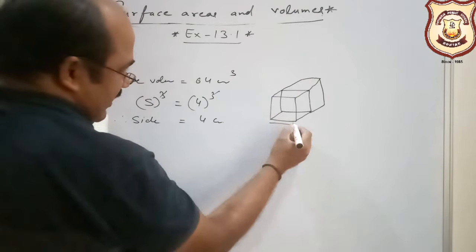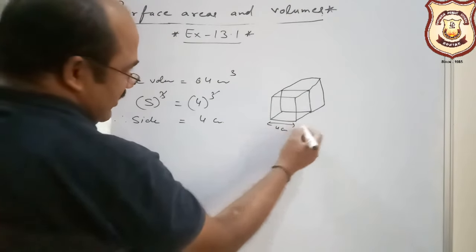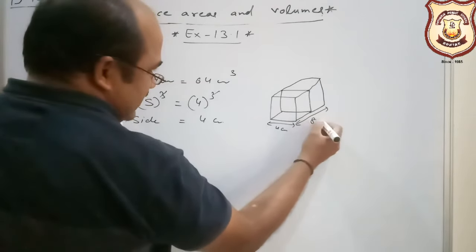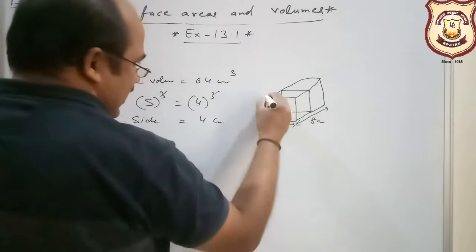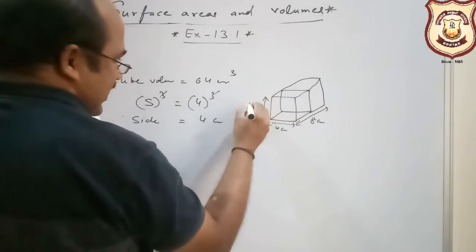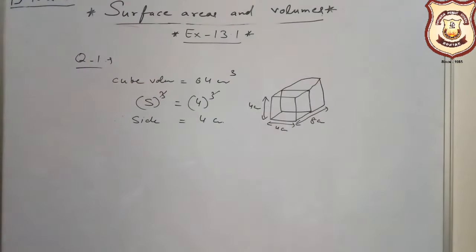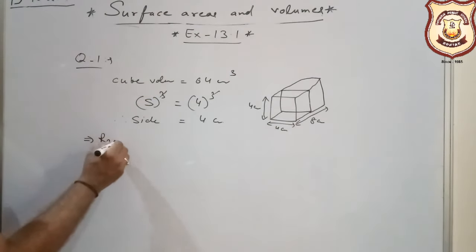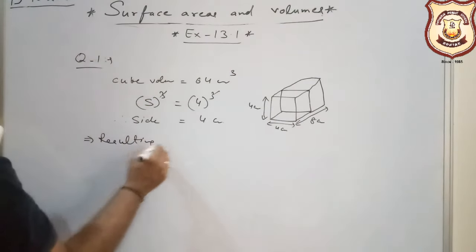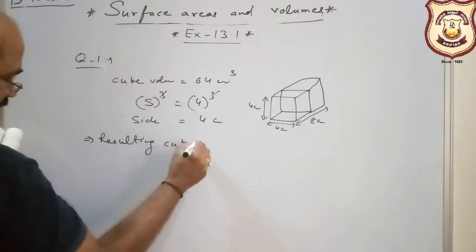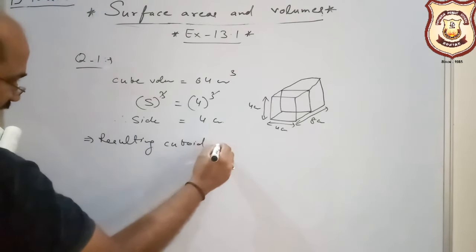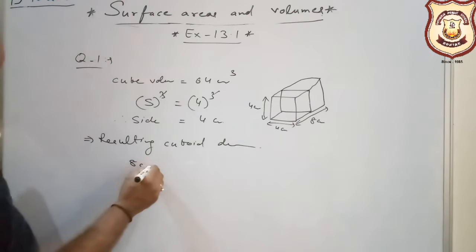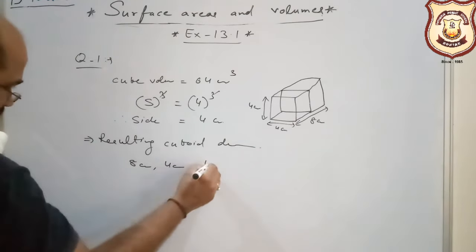Now the cuboid dimensions: 4 plus 4 is 8 centimeter, and height is the same, 4 centimeter. So the resulting cuboid dimensions are 8 centimeter, 4 centimeter, 4 centimeter.